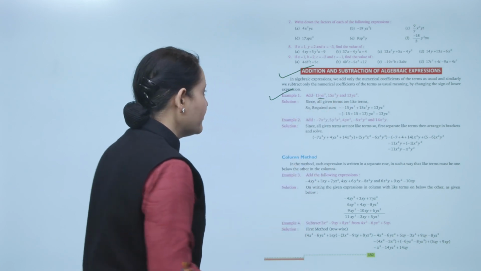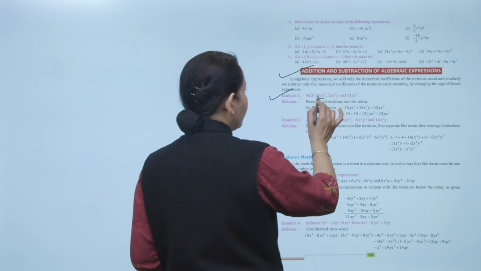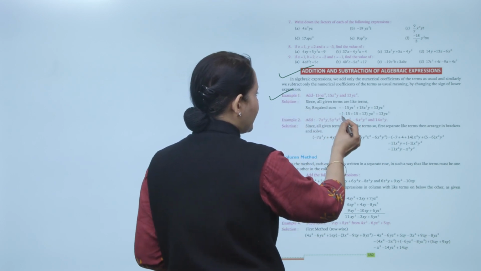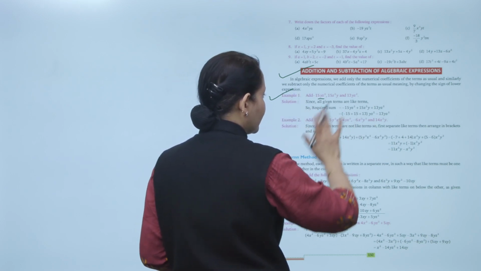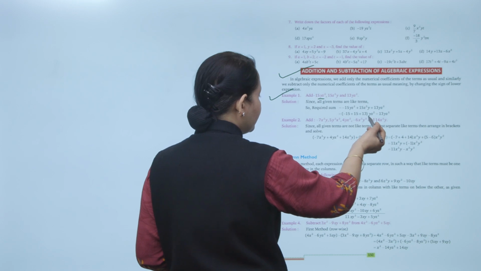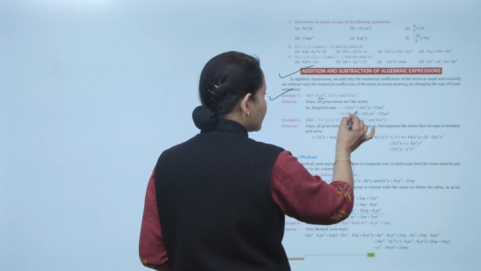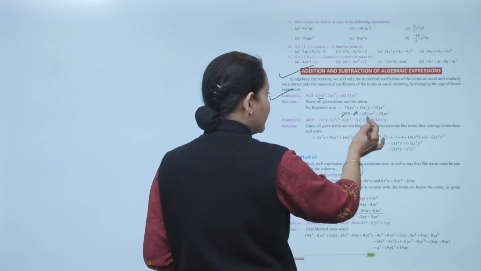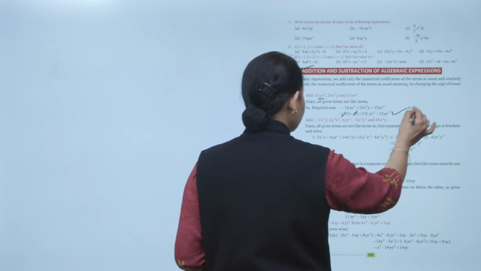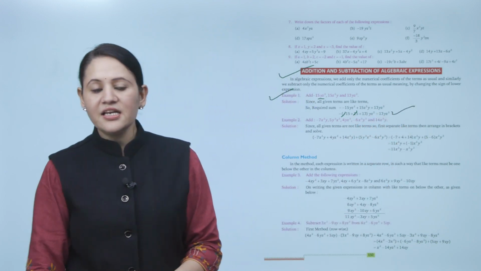So the required sum is equal to: the numerical part we will do separately, minus 15 plus 15 and 13, and the literal part we will write back here. So minus 15 and plus 15 cancel, so 13 is left, 13yz square. That is our answer. Clear?